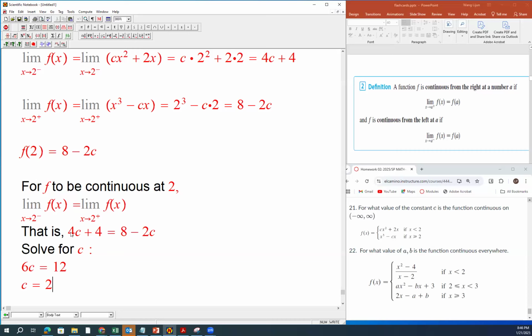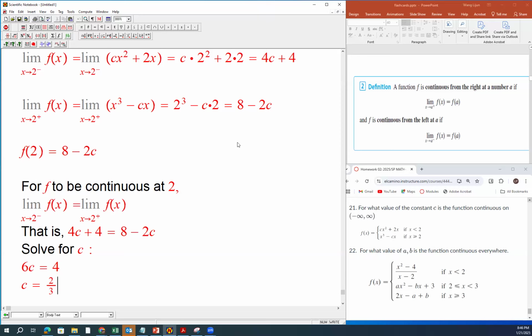I'm sorry. 4c plus 2c is 6c, and subtracting 4 on both sides, it's going to be 4. So c equals 4/6, which is 2/3. C equals 2/3, we'll make it.